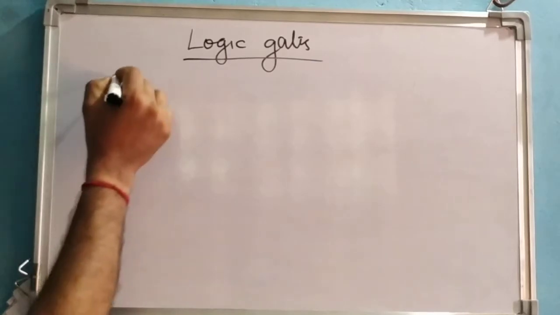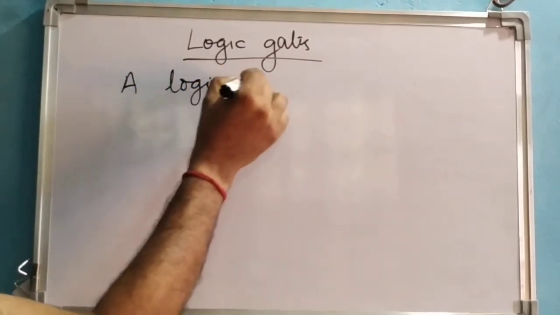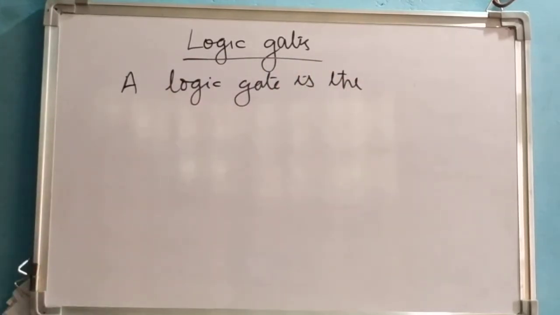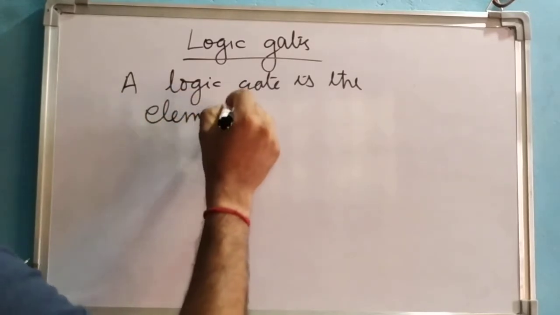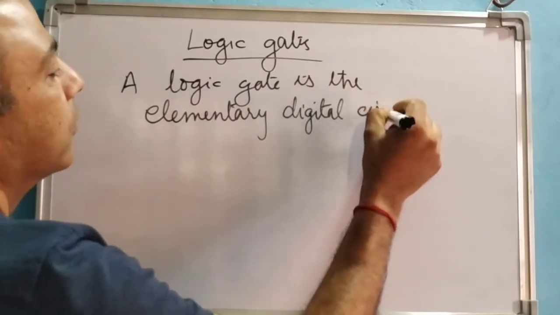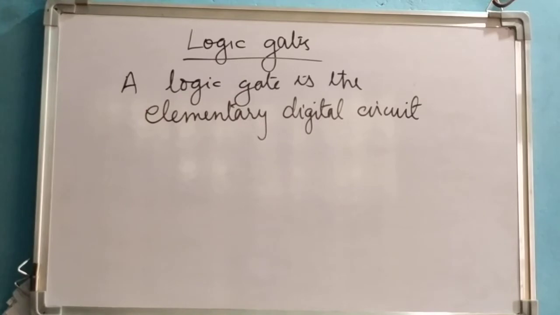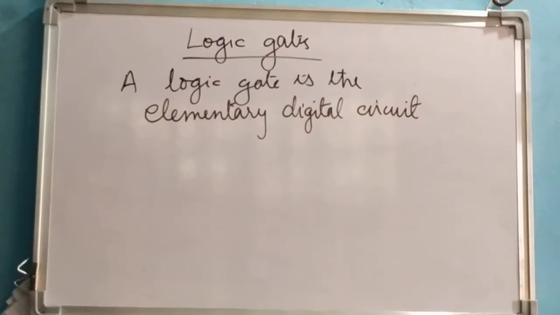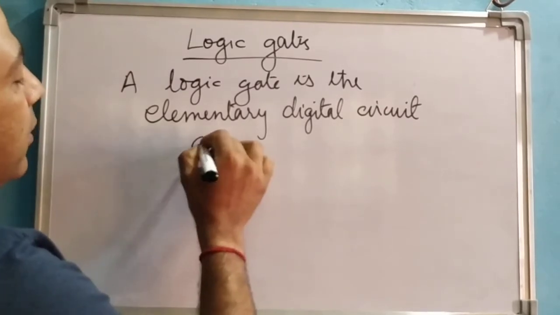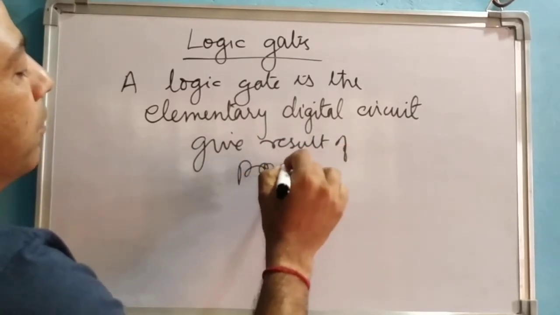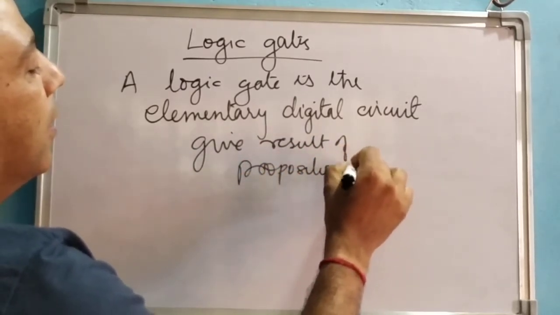So you need to understand that it is an elementary digital circuit that gives you the result of propositional operations.